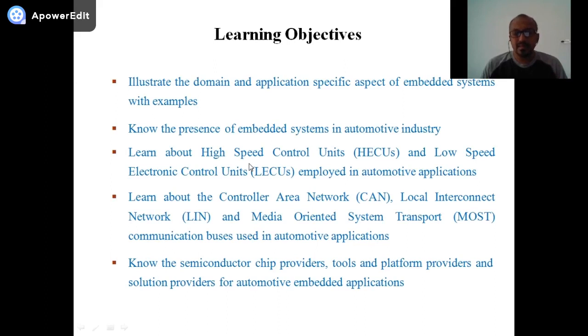And as a domain aspect of embedded system, an automotive car is explained with the different control units, that is a high speed control unit or a low speed control unit, and we even learn a few protocols like CAN, LIN and MOST along with this.